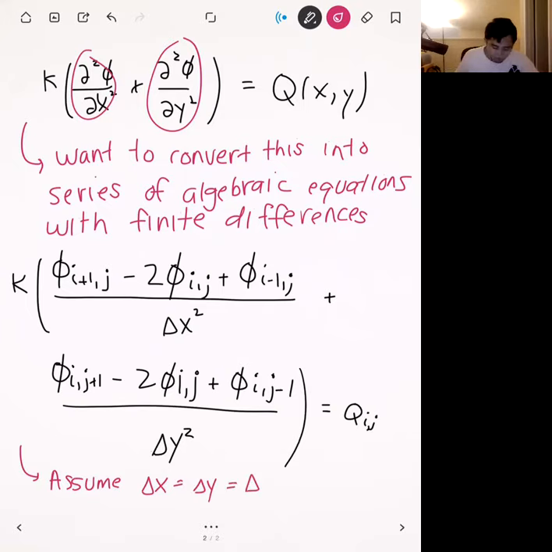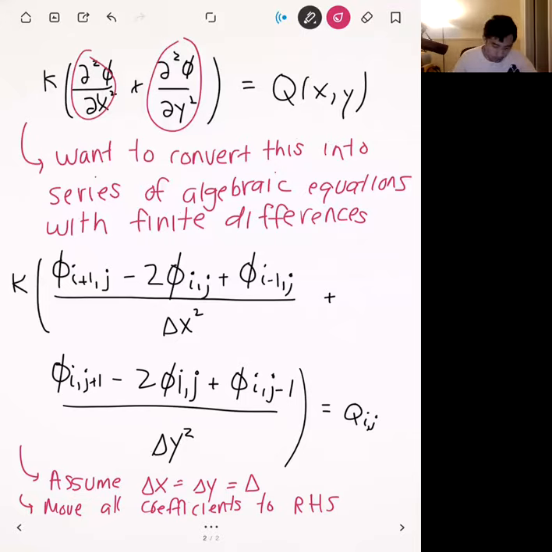And then let's make it so that the left-hand side of the equation is free of coefficients, and we kind of move everything to the right. That means that we're going to move our diffusion coefficient k over to the right-hand side, and we're going to move our grid spacing over there as well.